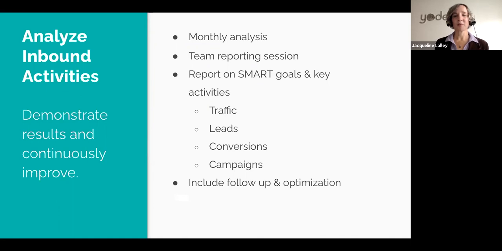You want to have a team reporting session, reporting on SMART goals and key activities. So look at metrics like traffic, leads, conversion, and specific campaigns. And really brainstorm ideas for how to, if you're not seeing the results that you expected, what could be changed to achieve those results.